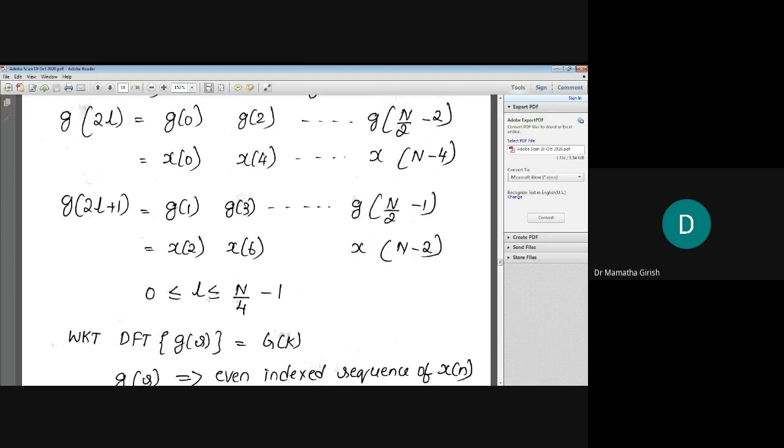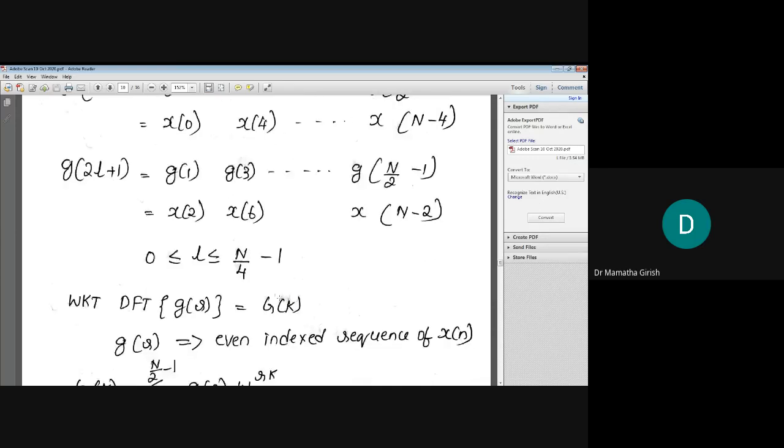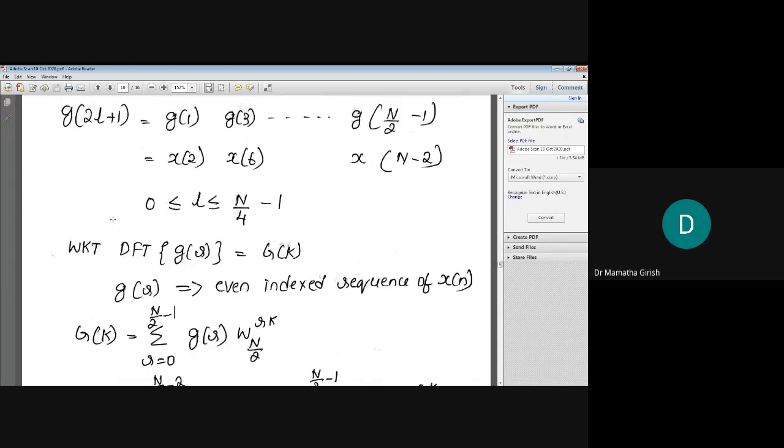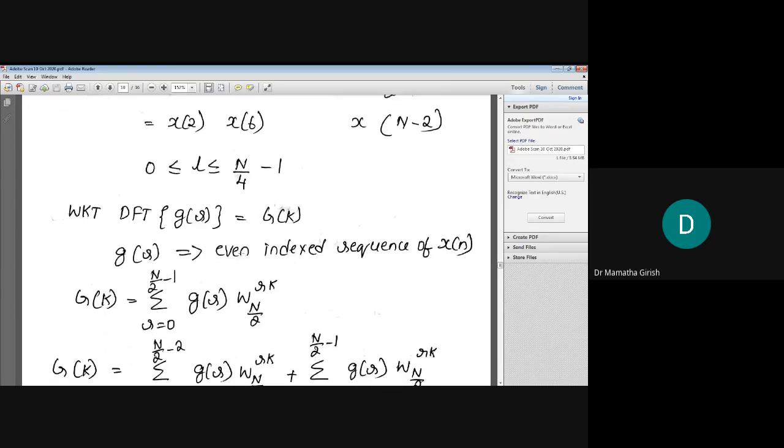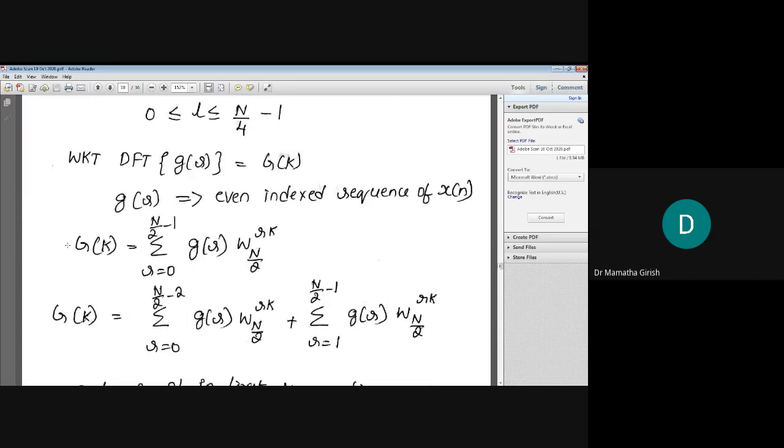And please note that in this case, for the n by 4 DFT's computation, l ranges from 0 to n by 4 minus 1. We know that the DFT of g of r corresponds to g of k. What is g of r? The even index sequence of my original input x of n. So what is g of k?